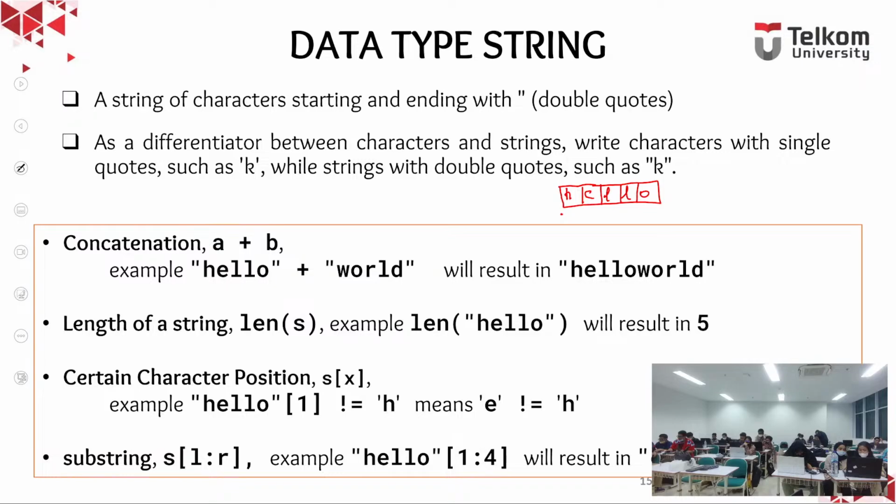If we look at a book or at this room door, there's a number outside, right? We access it by number. So here, usually we start at 0, 1, 2, 3, and 4.